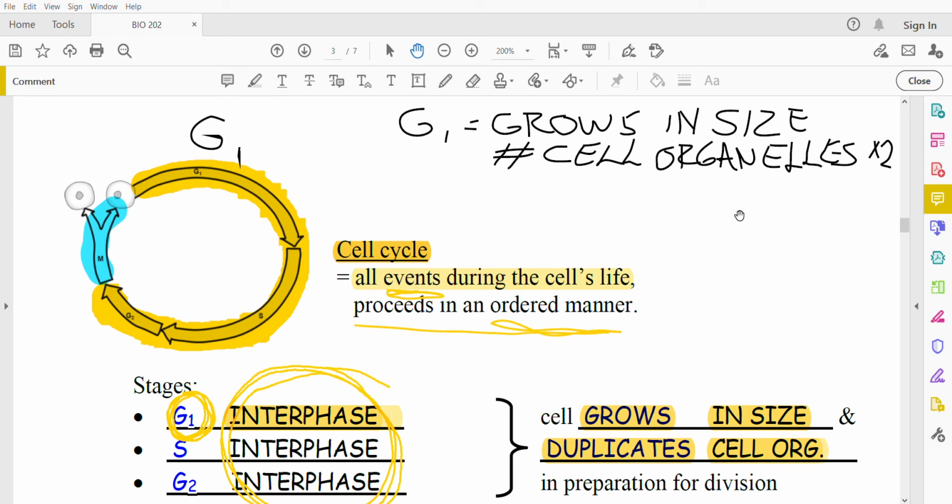Well, the next step that we are going to look at is our S interphase. You'll notice in our diagram, S interphase is the following part of this cell's life cycle. During S interphase, the cell's DNA is replicated.